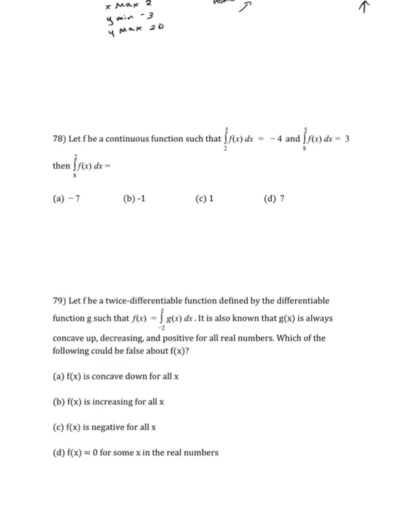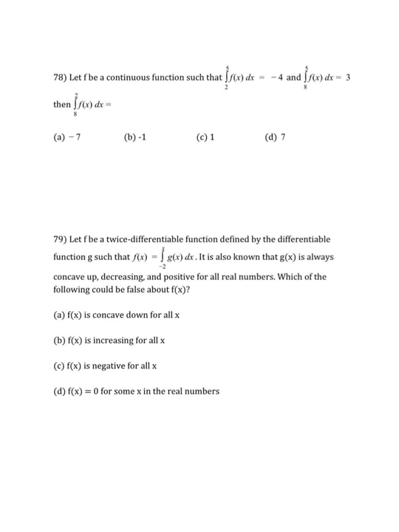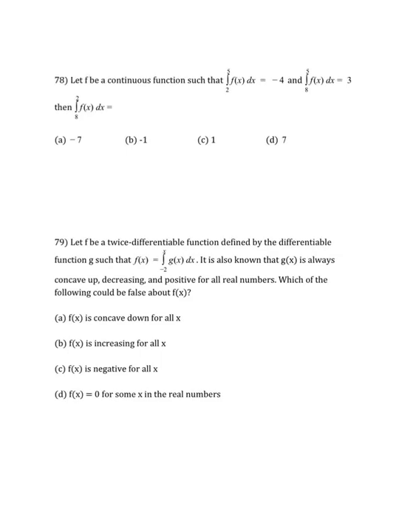So let's take a look at number 78. Properties of integrals. We want the integral from 8 to 2. So we can just get it from 2 to 8 and then reverse it. If I want to go from 2 to 8, I would do from 2 to 5 plus 5 to 8. 5 to 8, we would reverse this.